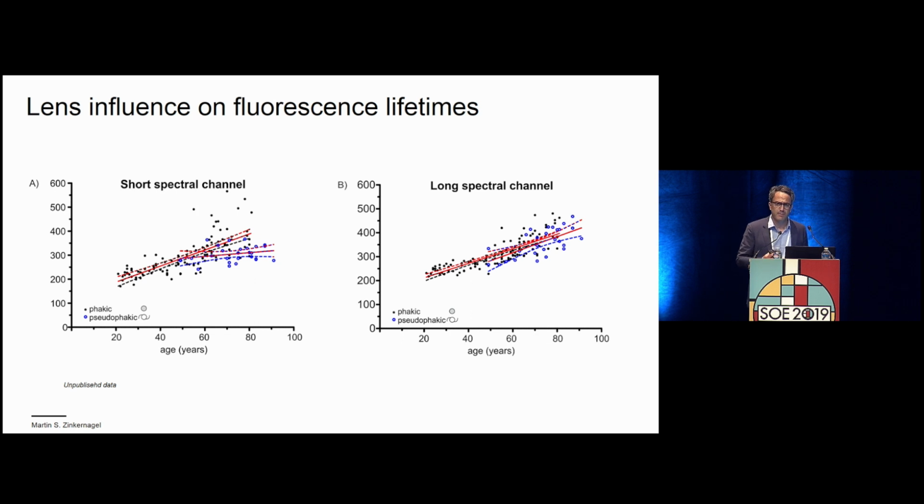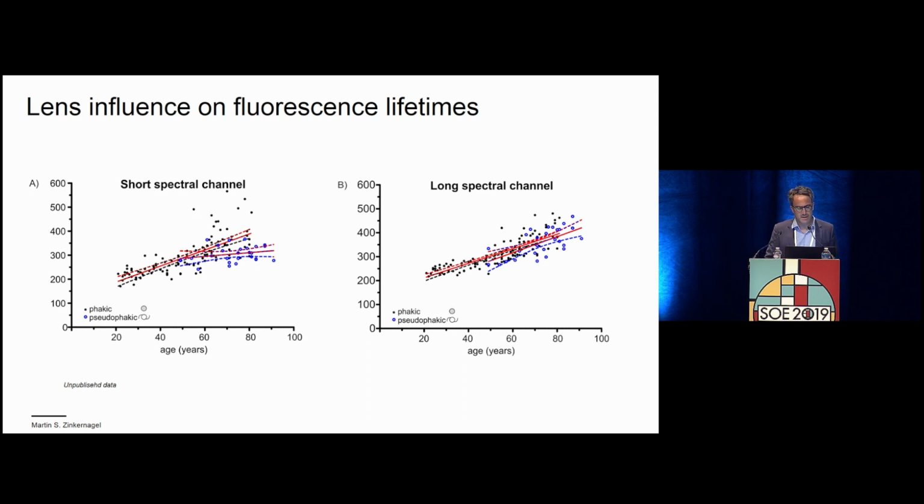We looked at the influence of the lens, and you can quite nicely see here that in the short spectral channel, there's some scattering of the lifetimes in phakic patients, whereas the blue dots, which are pseudophakic patients, are much more equal.